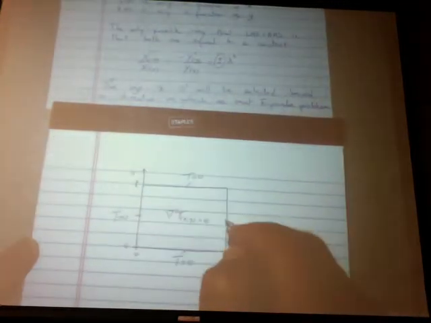This goes from 0 to L, and this goes from 0 to small l. The boundary condition here is T equals 0. On this wall we have T equals 0. On this wall we have T equals 0. And on this wall we have T equal to some known function of y, which can be a constant, and that really doesn't matter. It's just some prescribed non-homogeneous condition. That's the only thing driving that problem.